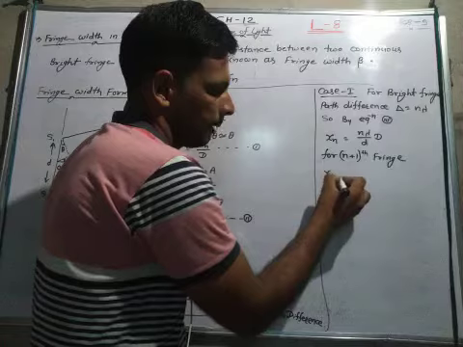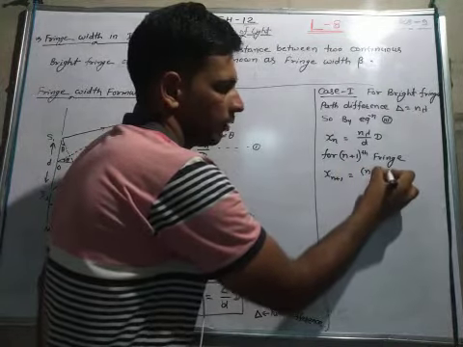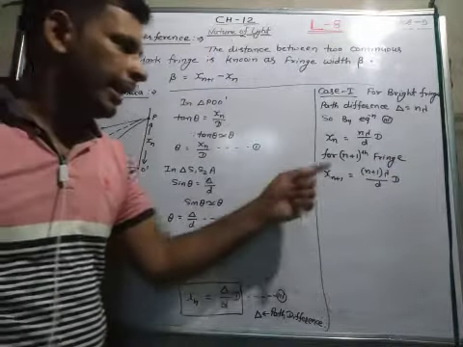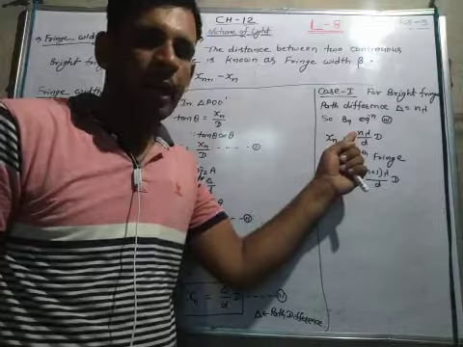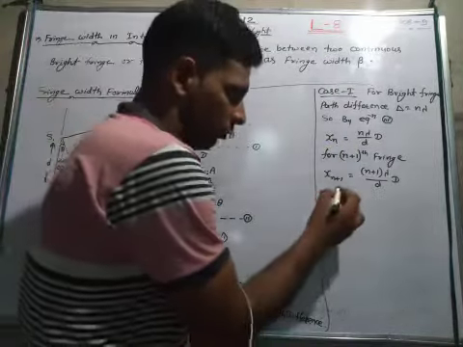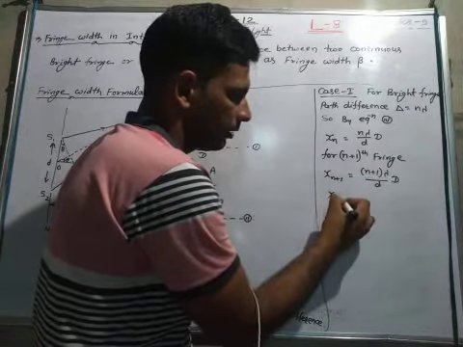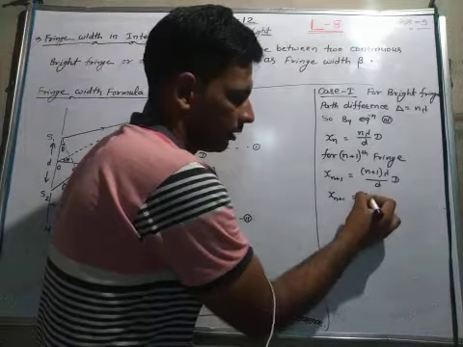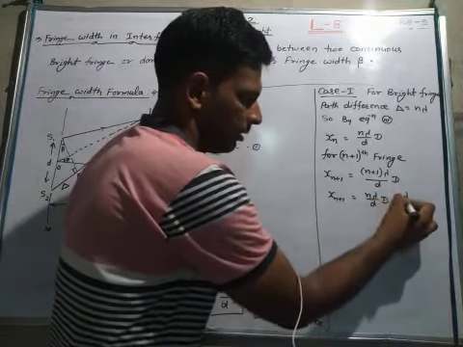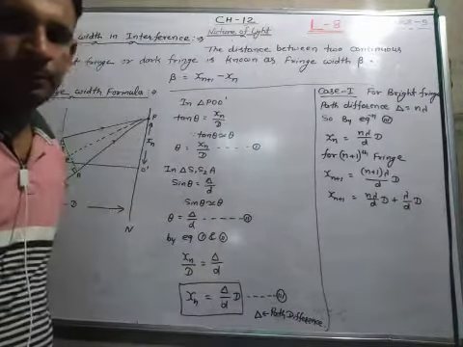So xn plus 1 is equal to n plus 1 into lambda upon d into D. Removing the bracket, we get n lambda upon d into D plus lambda upon d into D.